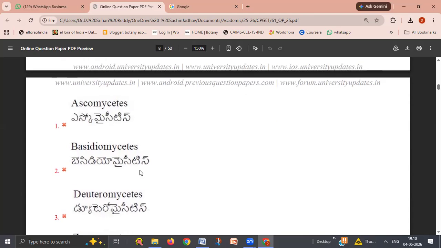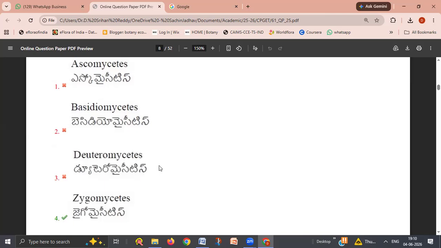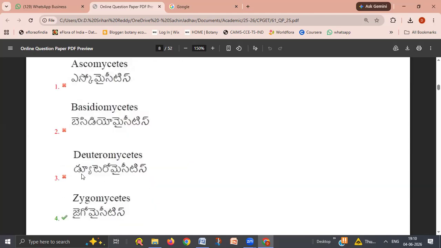So here the question is, Mucor belongs to which class? It belongs to Zygomycetes. And previously we discussed Cercospora. Cercospora belongs to the class Deuteromycetes. They are also called fungi imperfecti.